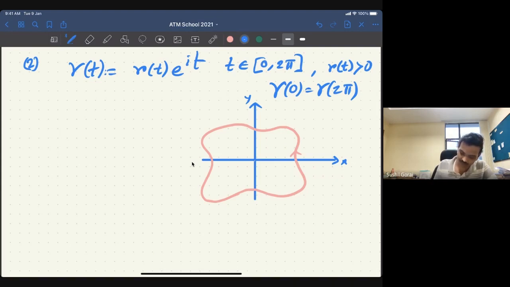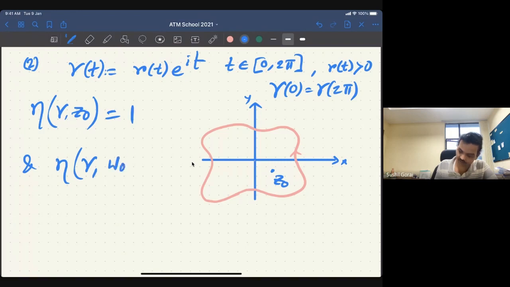So find the winding number. From the picture it is very clear, but you can actually show that the winding number of gamma with respect to z naught, where z naught is inside here, is 1, and for w naught lying outside, it is 0.